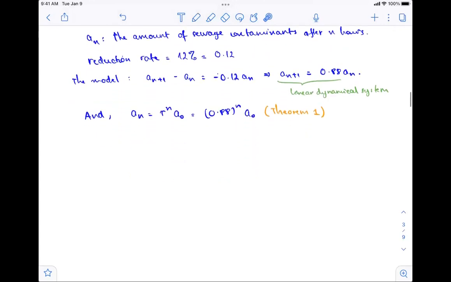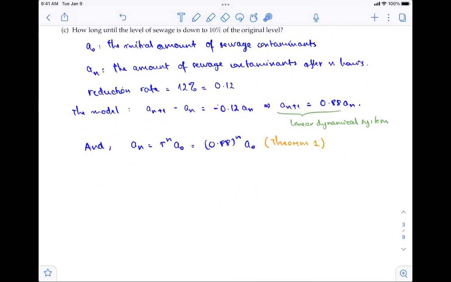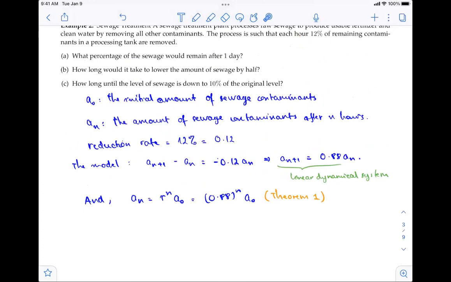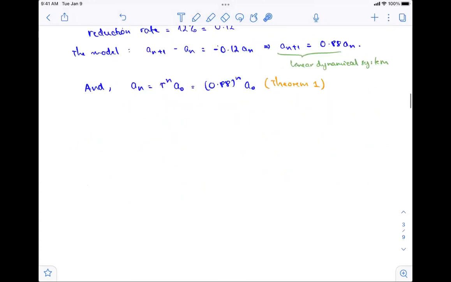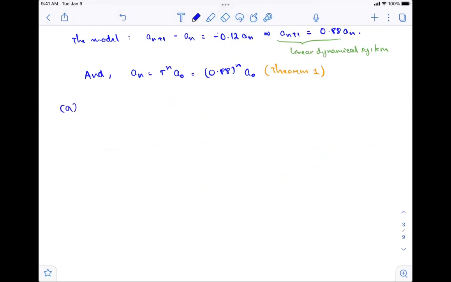After 1 day, it's going to be 24 hours, because everything is done with the time in hours. So for part A, after 1 day or 24 hours, you have a sub 24 equal to 0.88 raised to the power n, in this case 24, times the original value, which is not explicitly given to you, so we keep it as a0.